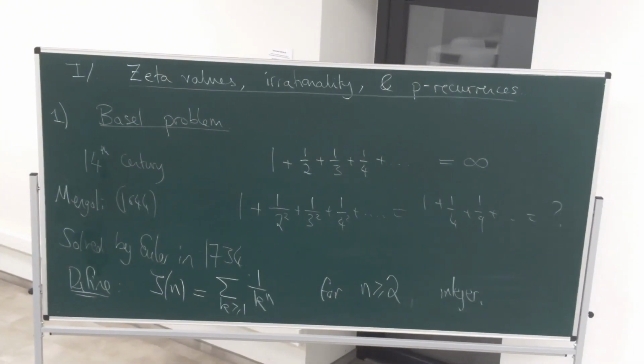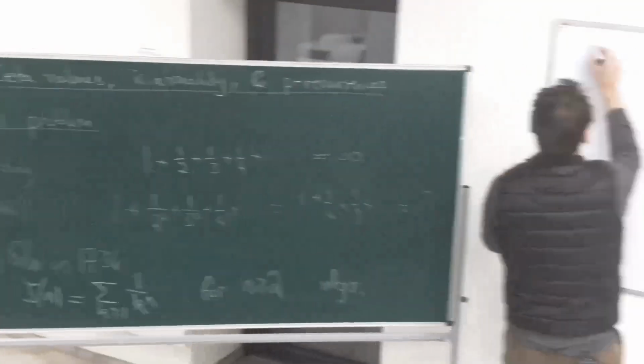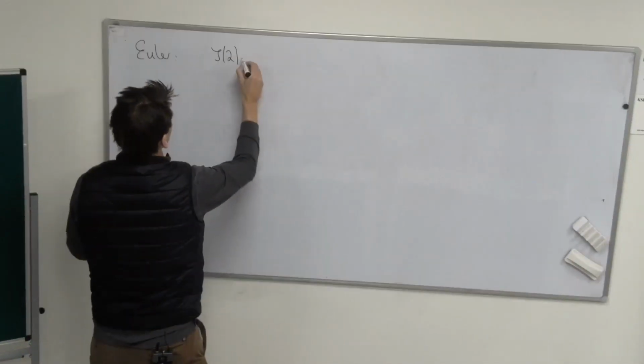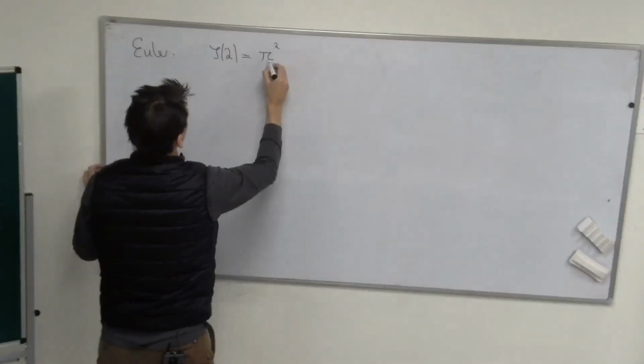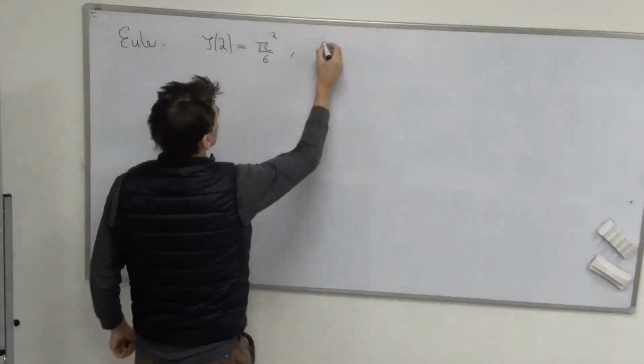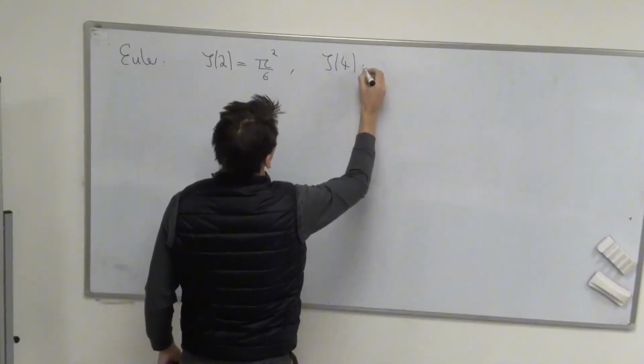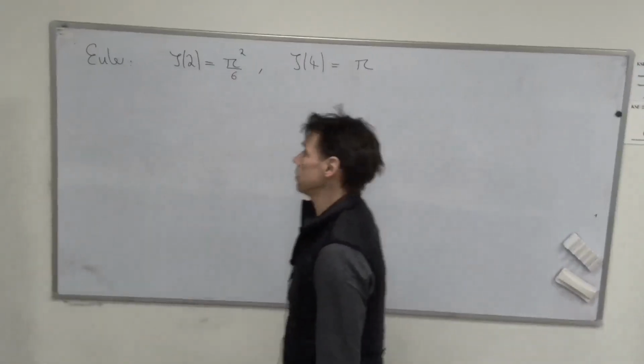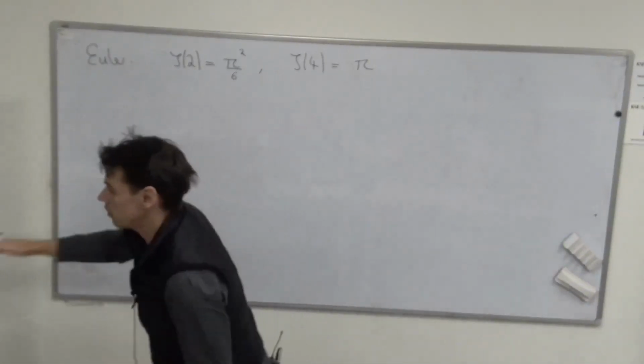So what Euler proved is that zeta 2 is pi squared over 6, so that solves the Basel problem, Mengoli's question. This sum is equal to pi squared over 6.